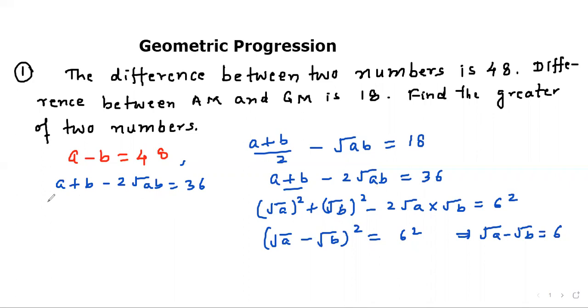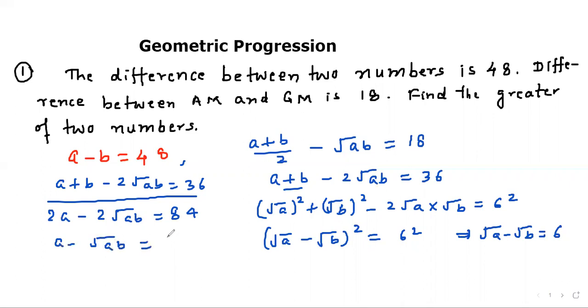Now if we add these two terms, we will get 2A minus twice root AB equal to 84, or A minus root AB equal to 42.